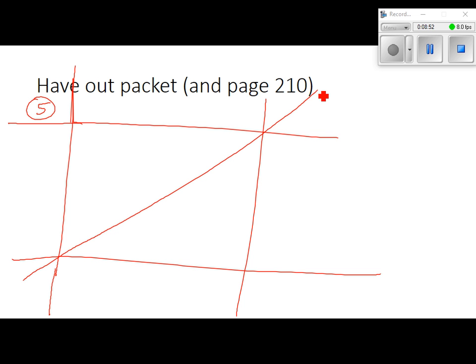Are you about to try to show them all these numbers? Did I draw everything?